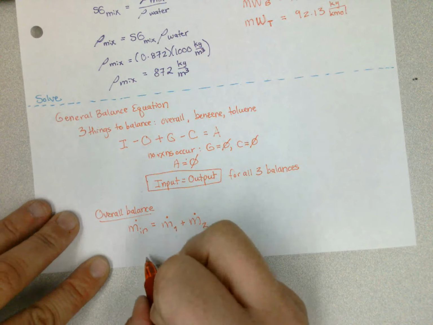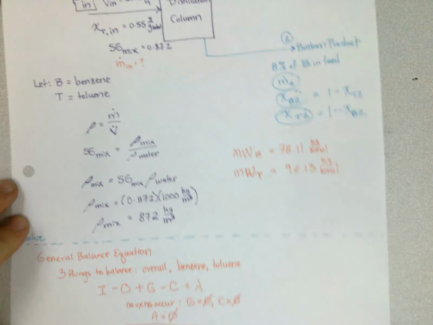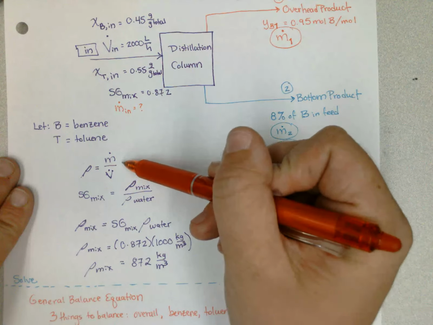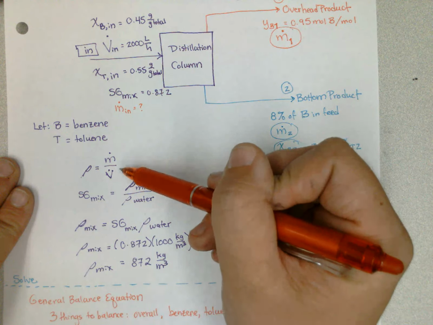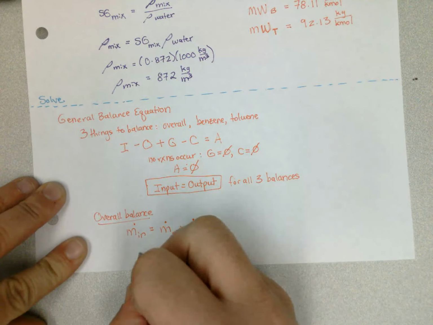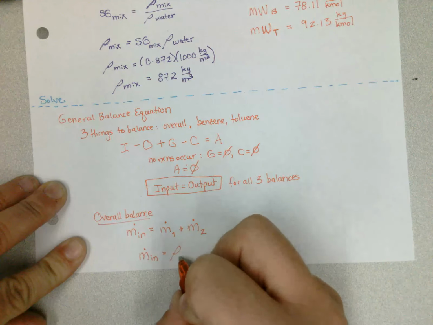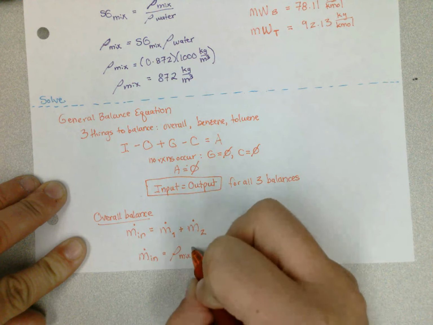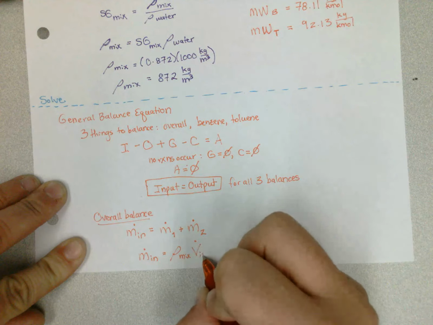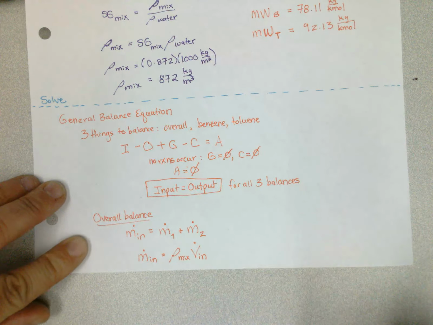So let's do that. So we set this up with a reminder that density equals mass flow over volumetric flow. So that means if we want to find the mass flow into the system, we take the density of the mixture and multiply it by the volumetric flow into the system.